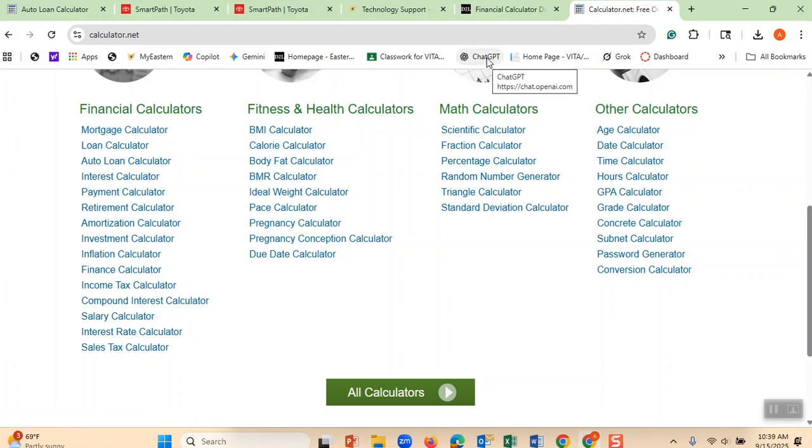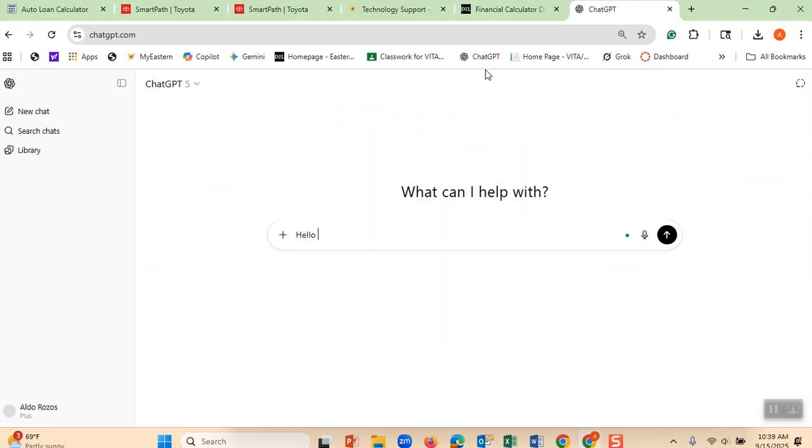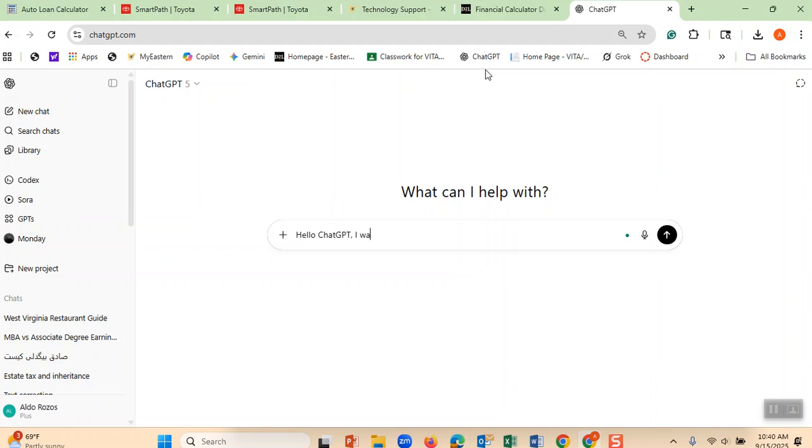While I am here, let me click on ChatGPT just to show you. Hello, ChatGPT, I want to buy a car for $42,000, pay back in 4 years, interest is 4%, and I don't know the fees and West Virginia taxes.